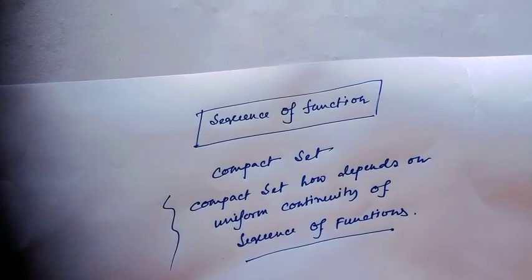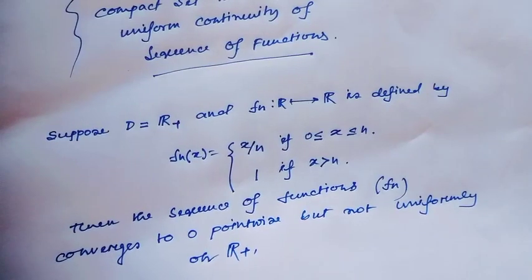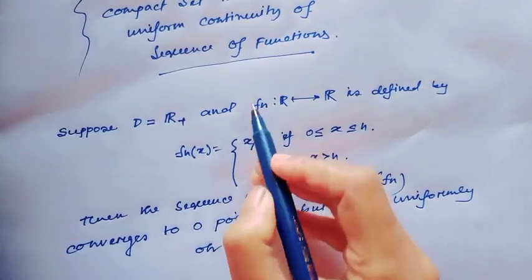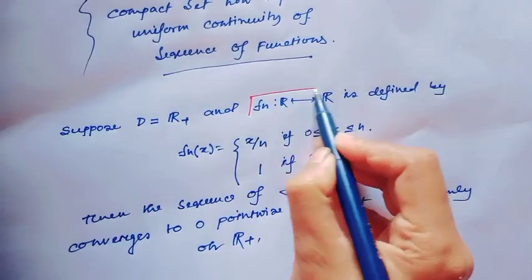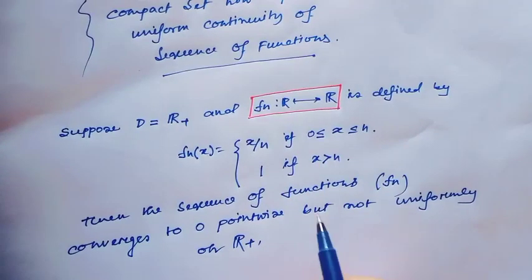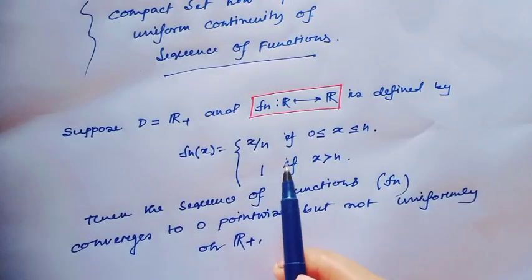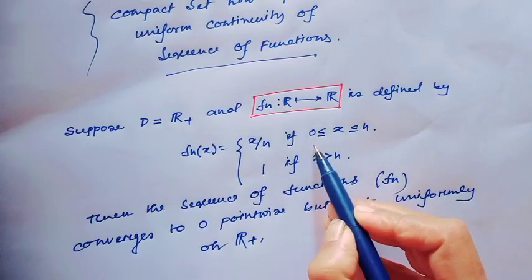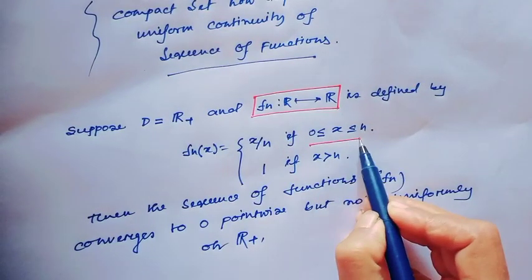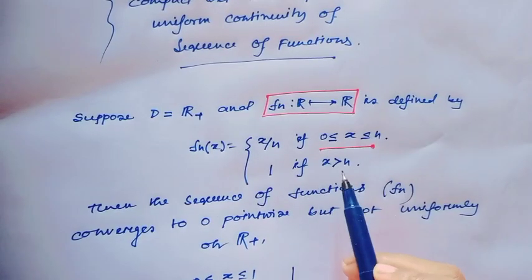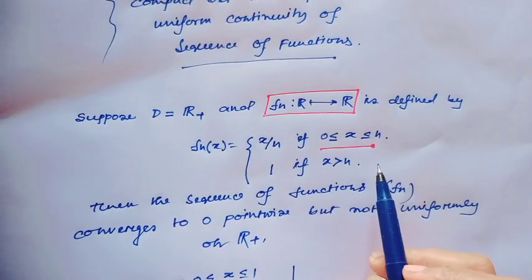Let's see the example. First example: consider the domain equal to R plus and a sequence of functions defined from R to R such that f_n(x) equals x over n if x lies between 0 and n, that is 0 less than or equal to x less than or equal to n, and 1 when x is strictly greater than n.